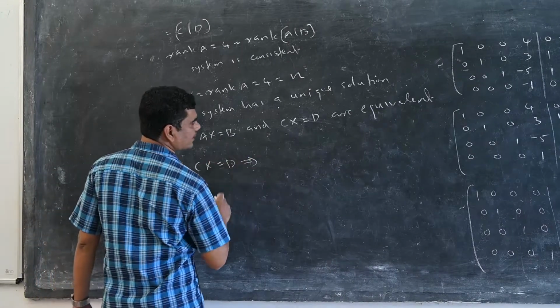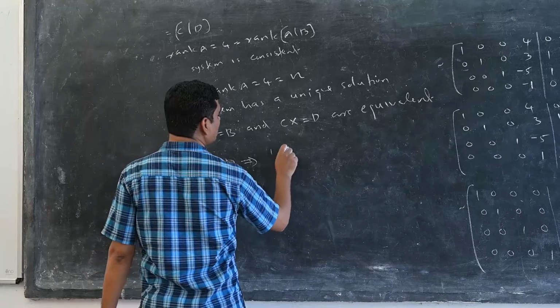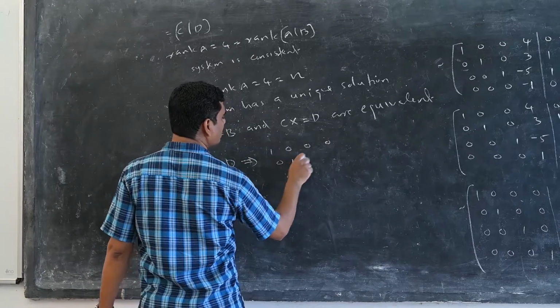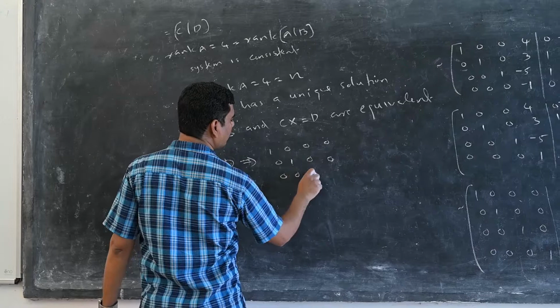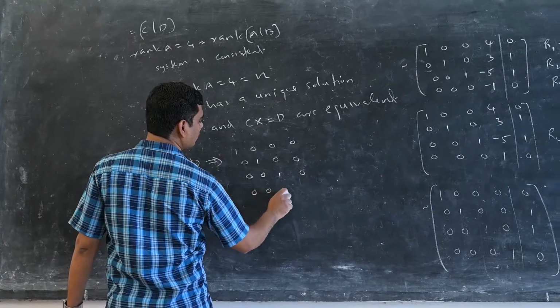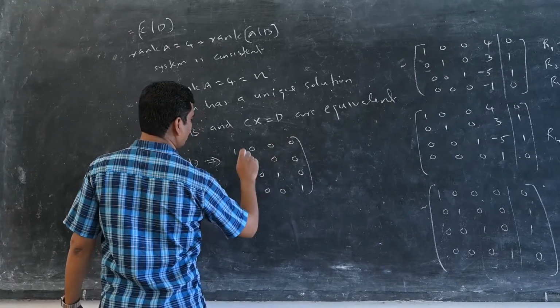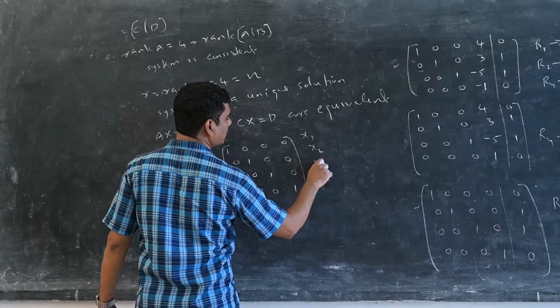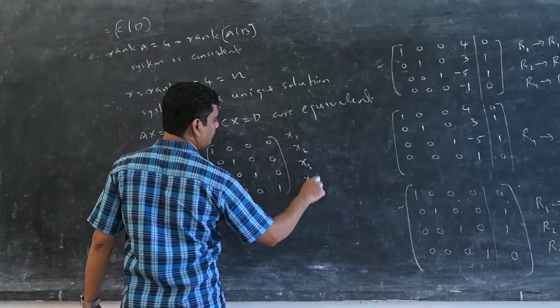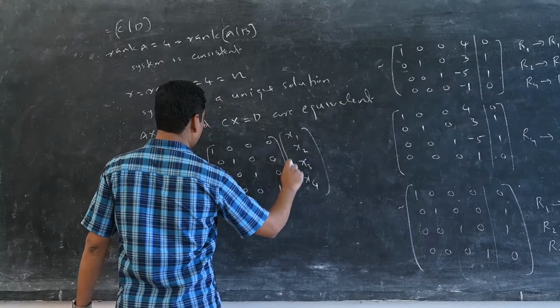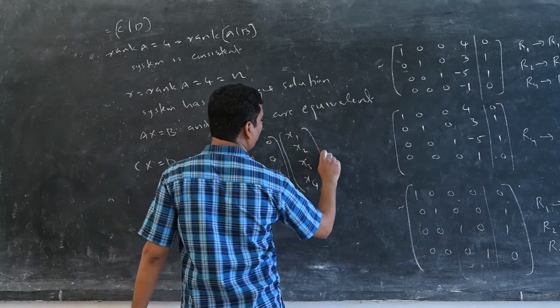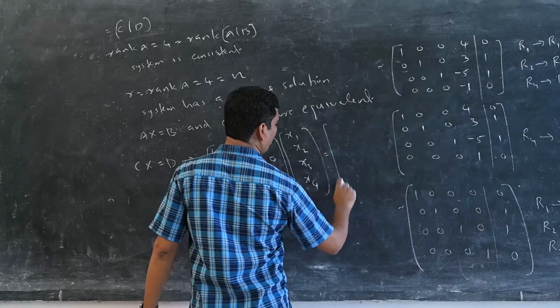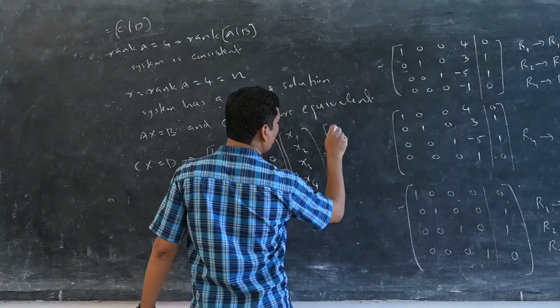So this implies now C is 1 0 0 0, 0 1 0 0, 0 0 1 0, 0 0 0 1, into x is equal to x1, x2, x3, x4. This D is equal to 0 1 1 0.